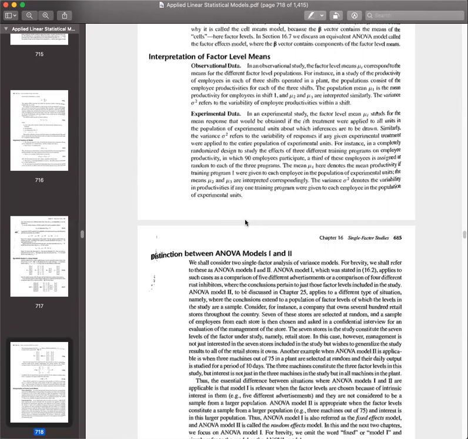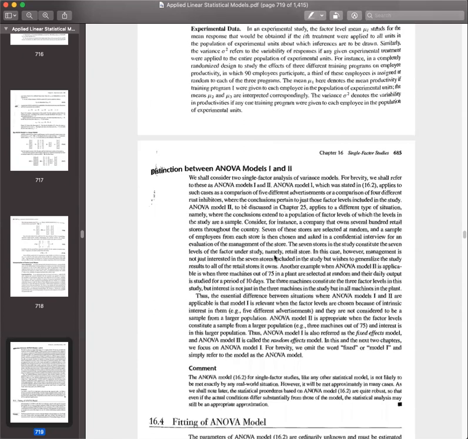However, in experimental data, the factor level mean mu sub i stands for the mean response that would be obtained if the ith treatment were applied to all units in the population of experimental units about which inferences are to be drawn. Similarly, the variance sigma squared refers to the variability of responses if any given experimental treatment were applied to the entire population of experimental units.